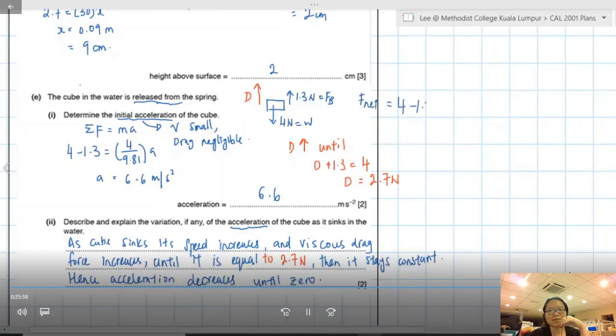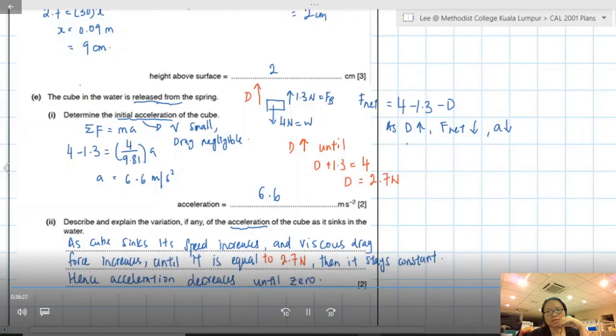Okay? So your net force here is actually 4 minus 1.3 minus D. Initially D is 0. And then when you fall faster and faster, D will increase. So when D increases, net force will decrease. Okay? And when net force decreases, acceleration decreases.